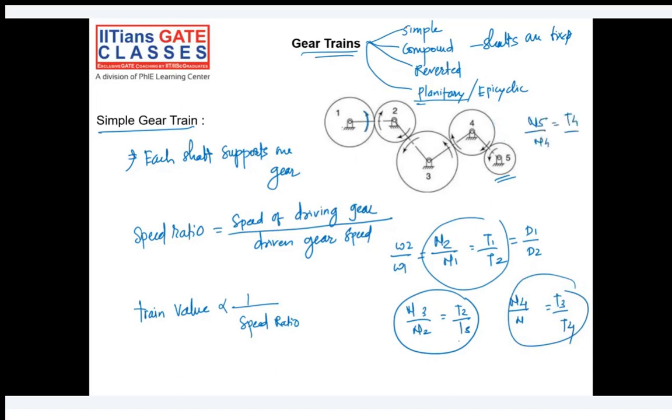So ultimately, if you multiply the left hand side and the right hand side, I'll show how it looks in the next slide. First was N2 by N1 is equal to T1 by T2, correct? Second was N3 by N2 is equal to T2 by T3. Third was N4 by N3 is equal to T3 by T4.